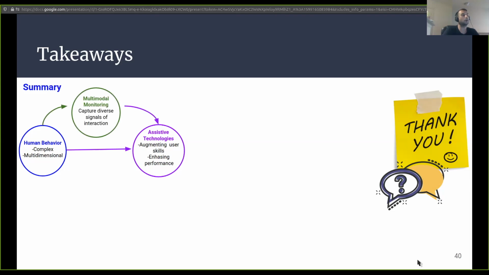We saw how multimodal monitoring is very important towards capturing diverse signals of interaction and how processing and visualizing those signals can really make an impact on the experience of the interaction. And we saw how we can go a step further by using personalization in our models and using specific algorithms towards improving the user experience and the personalized interaction over time.